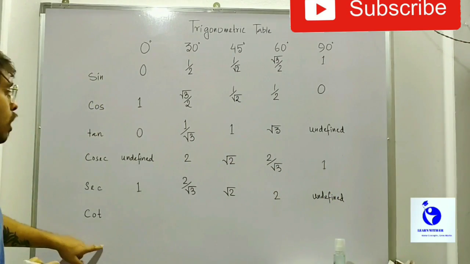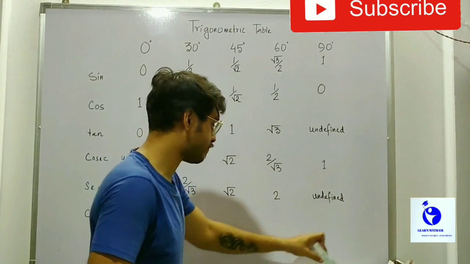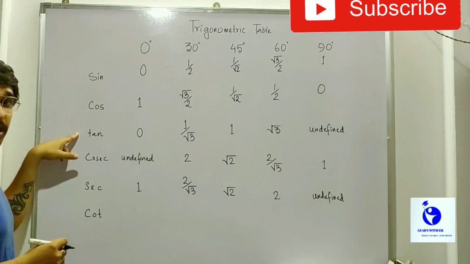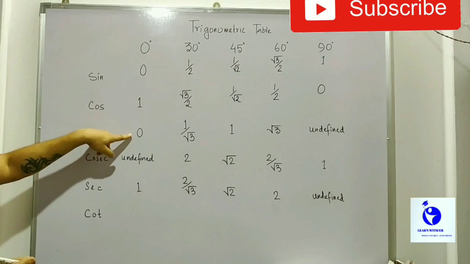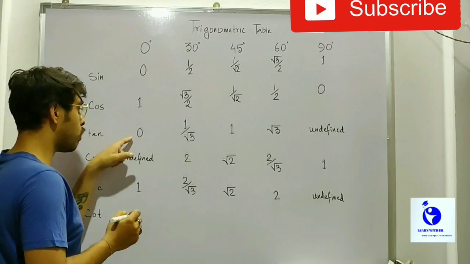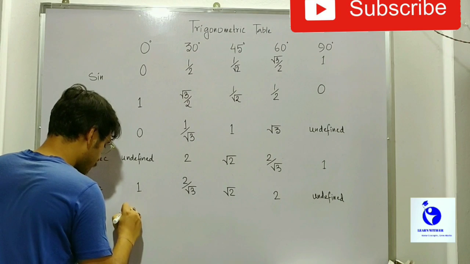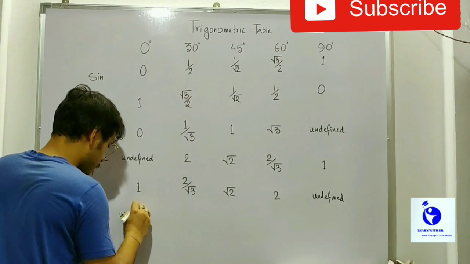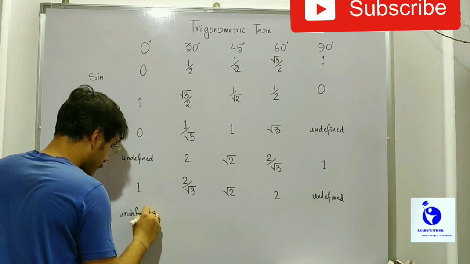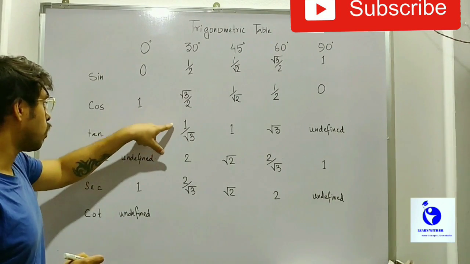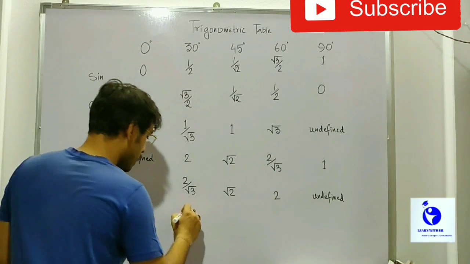And finally for cot, we have the reverse of tan, the reciprocal of tan. So it is 0 here, so 0 by 1, reciprocal will be 1 by 0, which is undefined. Then we have 1 by root 3, so this will be root 3.